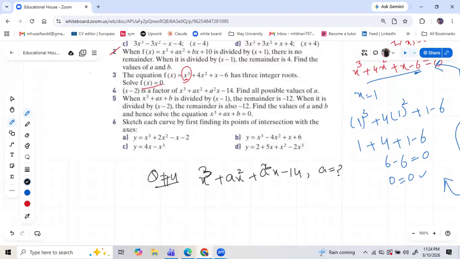So our factor is x minus 2. We set x minus 2 equal to 0, so x is equal to 2.